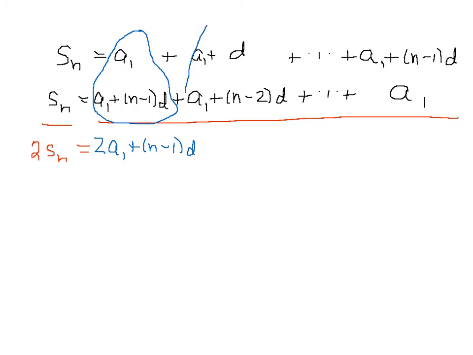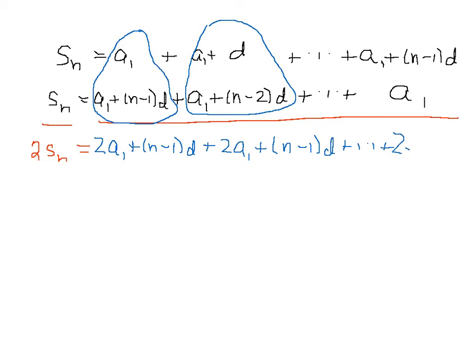And when I add these up, I'm going to get 2a sub 1 plus, well, n minus 2d plus 1d is also going to give me n minus 1 d. And I keep adding like that. And my last term is also going to be 2a sub 1 plus n minus 1 d.